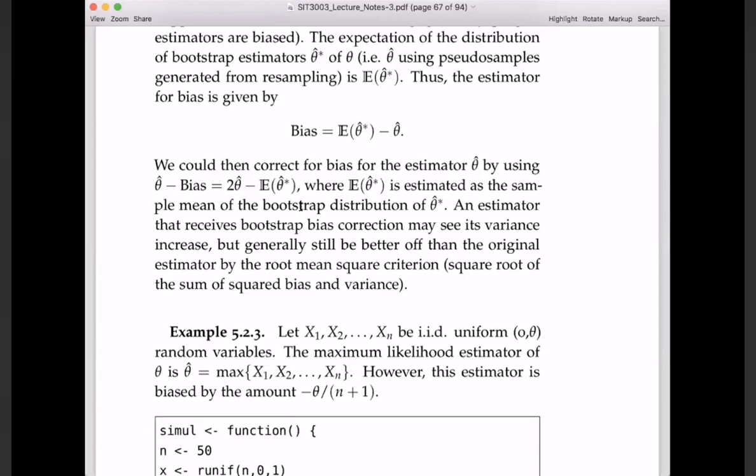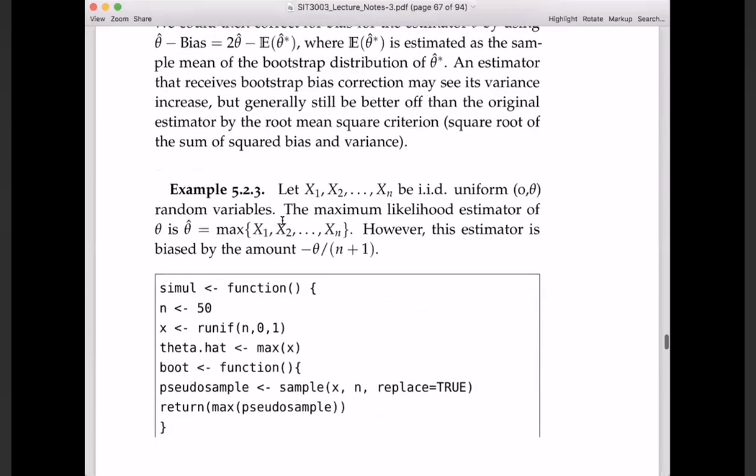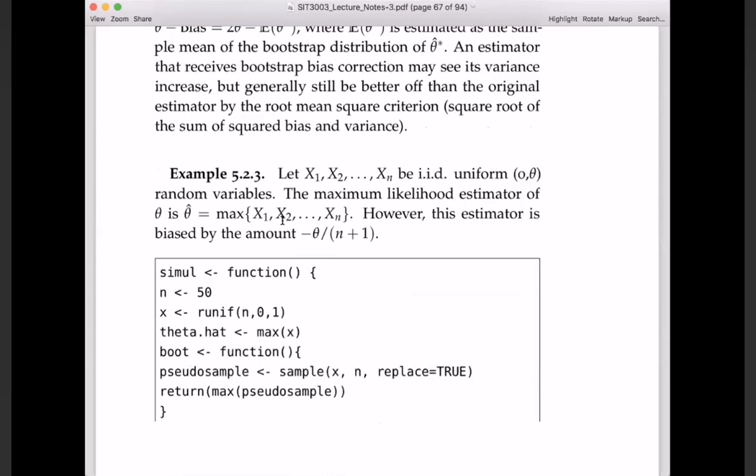Usually people judge that using the root mean square error criterion, where you take the square of the bias, add the variance, and then take the square root. The estimator with a smaller root mean square error is considered superior, because when you judge the quality of an estimator, you need to consider both its bias and its variance.